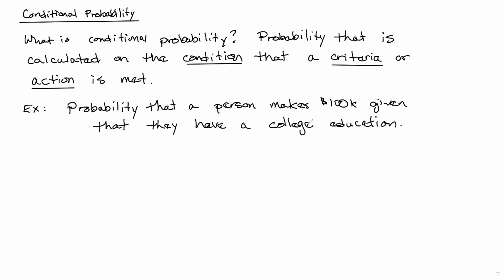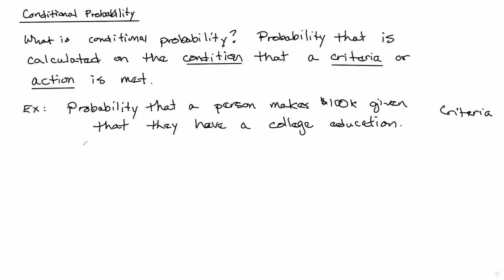So we've got a probability that we're looking to calculate, which is that a person makes $100,000, and then we have a condition, and that condition is that they have to have a college education. We'll go through how to calculate that, but I'm just giving you an example of what conditional probability looks like. So this is a criteria or a characteristic that a person has. The person has a college education is the condition.